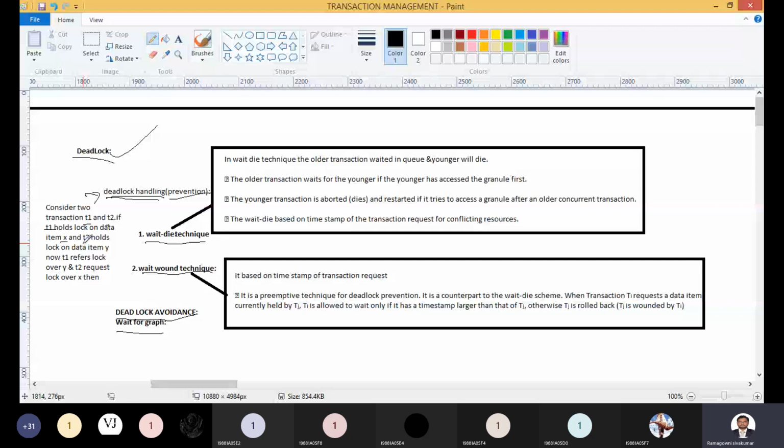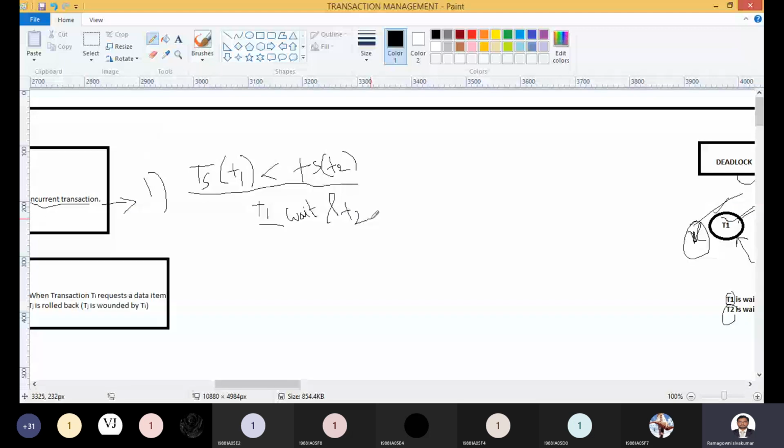And what about T2? T2 will die, or abort.